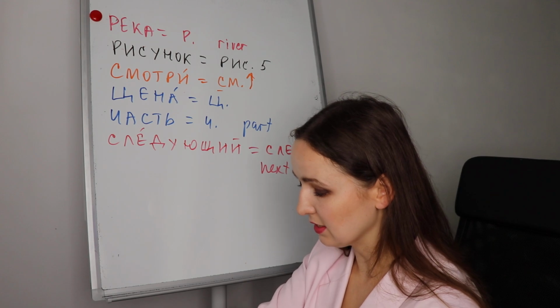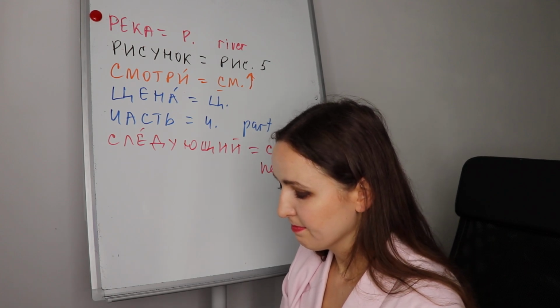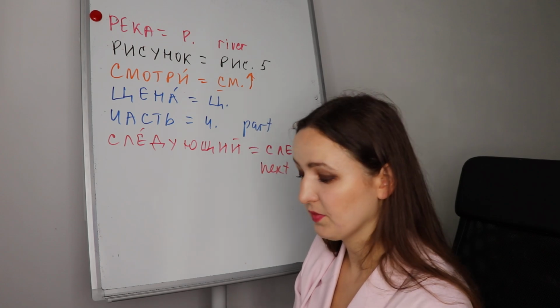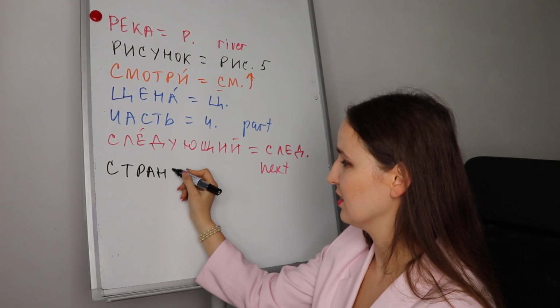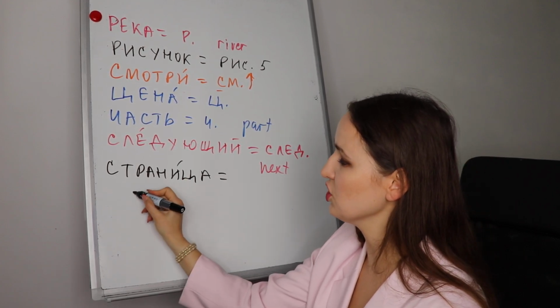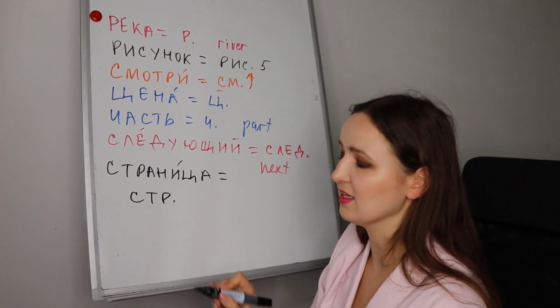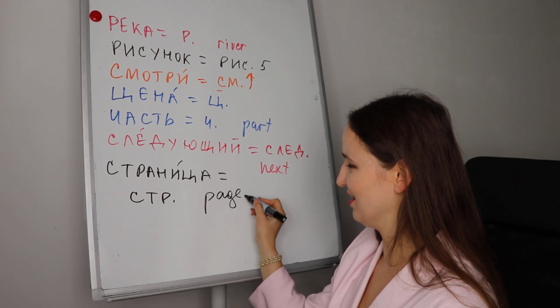Следующий. And the last word is страница, page. Страница is page, and we will abbreviate it like that. СТР. Страница. And it means page.